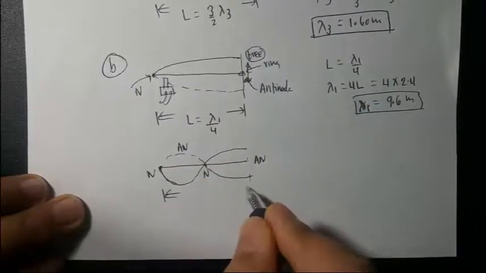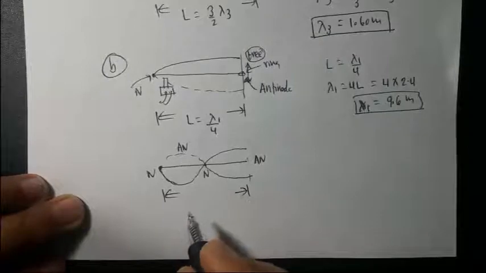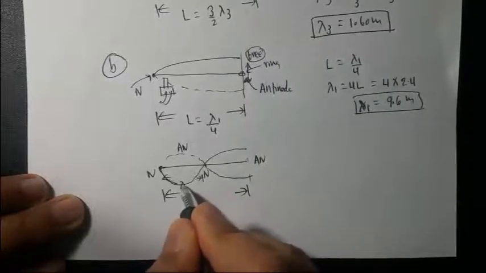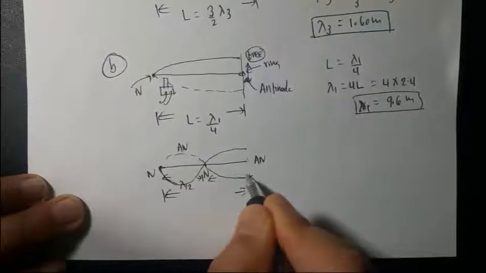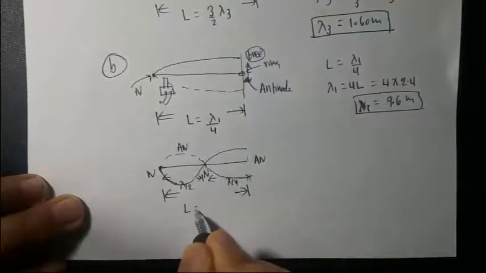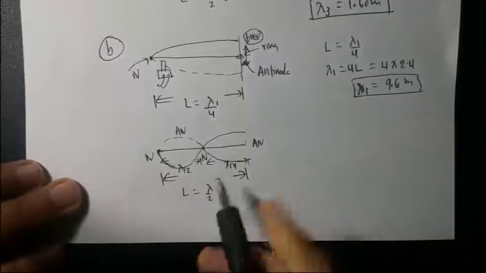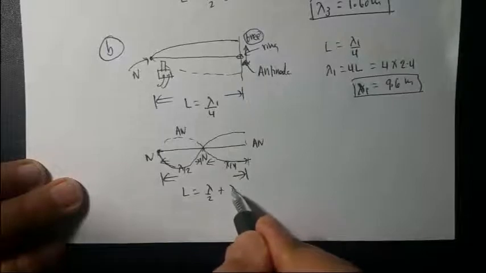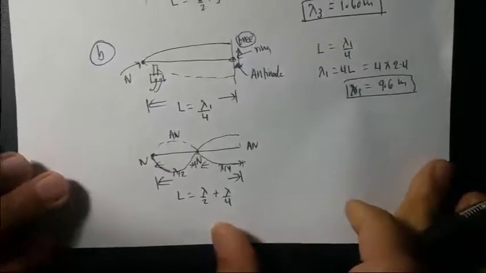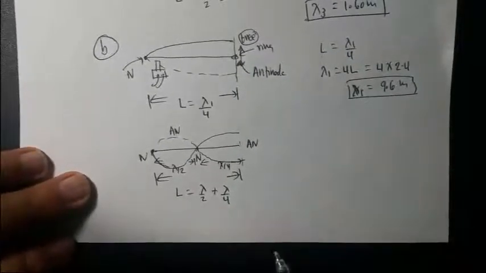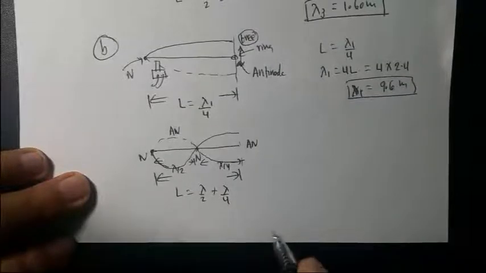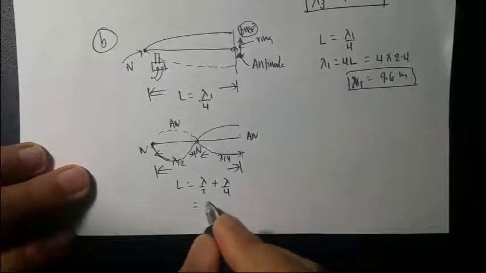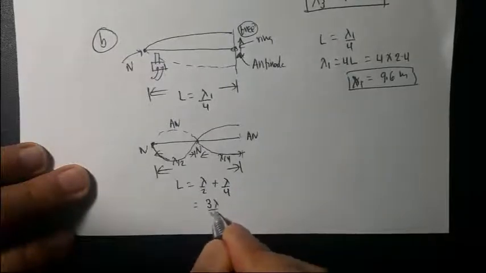So what's the distance from here to here in terms of wavelength? This is lambda over 2, and this is lambda over 4. It has to satisfy this boundary condition. From here to here, it's lambda over 2 plus lambda over 4, which is 3 lambda over 4.